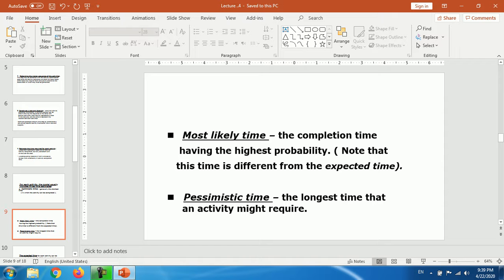Note that this time is different from the expected time. The next time, pessimistic time, is the longest time that an activity might require.